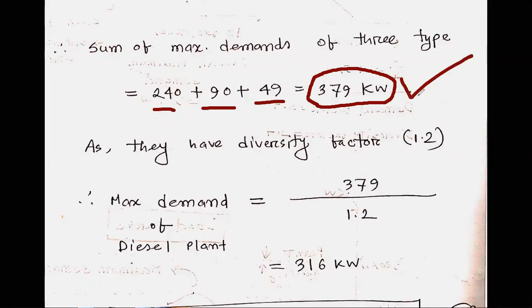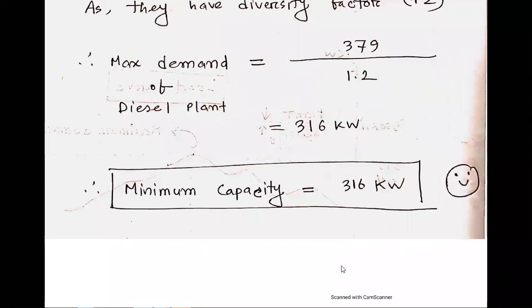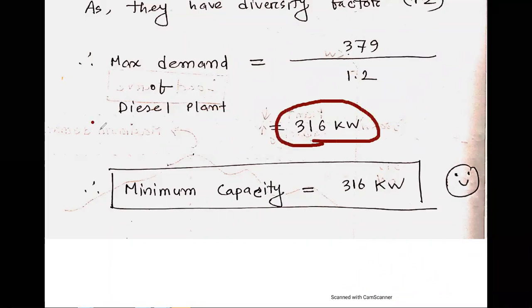But they are not using the power at the same time, because they have the diversity factor of 1.2. So if we divide by 1.2, we get the value 316. That is the maximum demand of that diesel power plant.